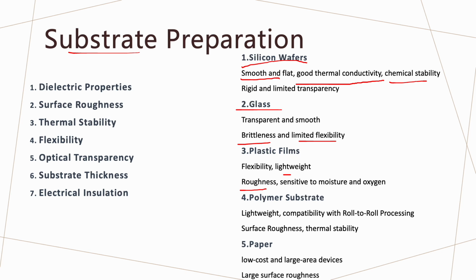The fourth one is the polymer substrate. Also, it is light and compatible with the roll-to-roll process. However, it is also rough and has some issues with thermal stability. The last one is paper, which is low cost and can be used for large area device fabrication. The same issue is the roughness of this substrate.